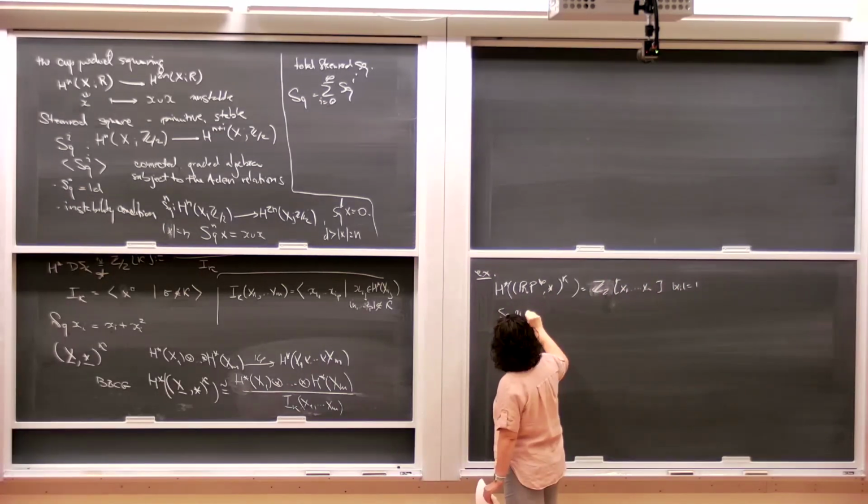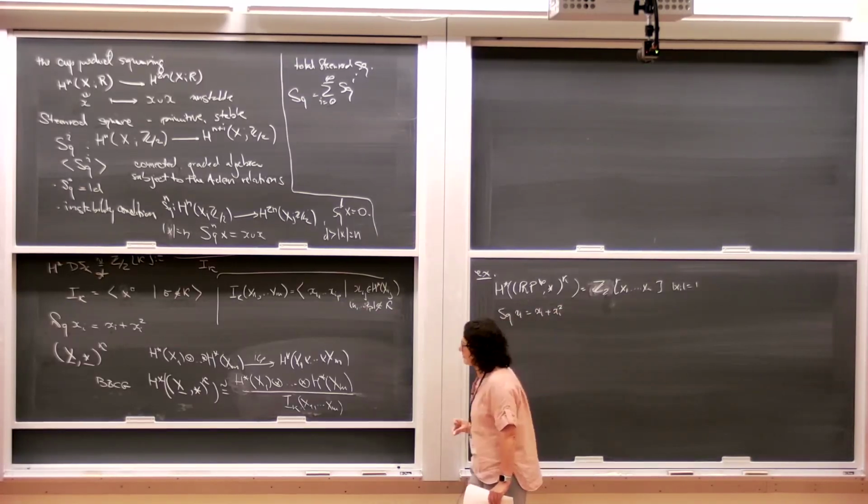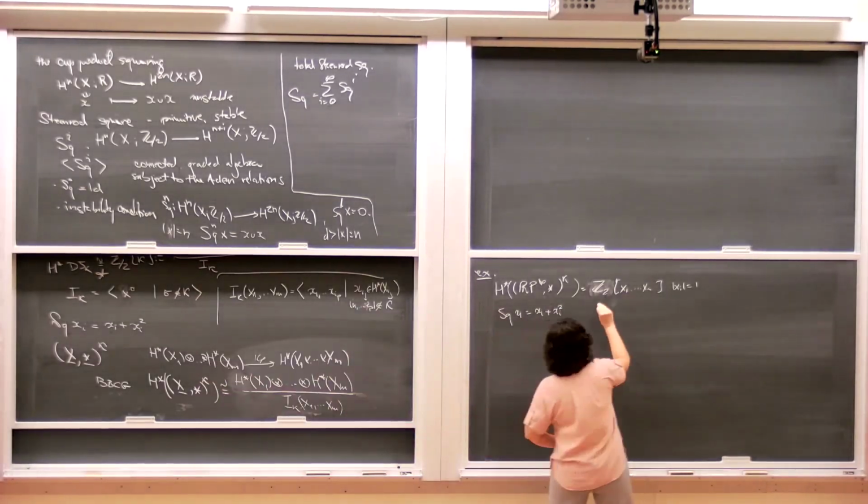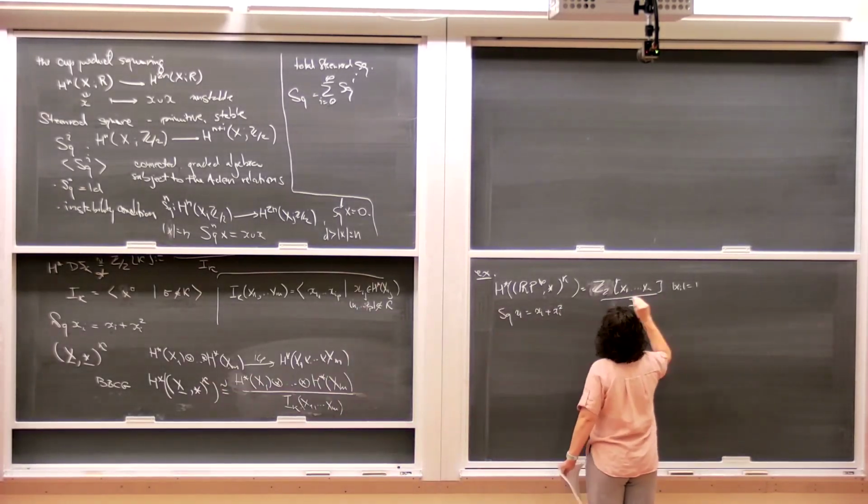So if you take xi, it goes to xi plus xi squared. This is the total square. Yeah, quotient, you're absolutely right. Thank you.